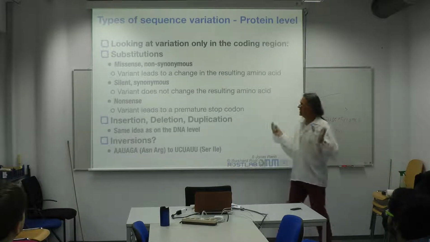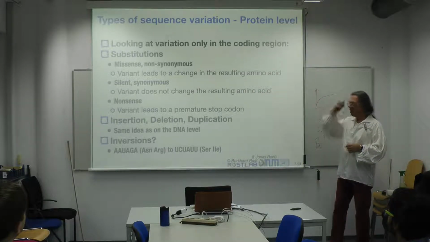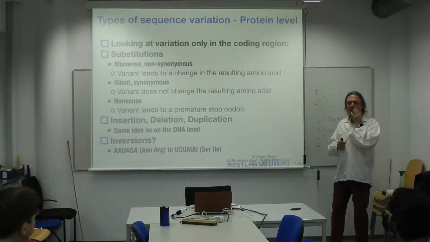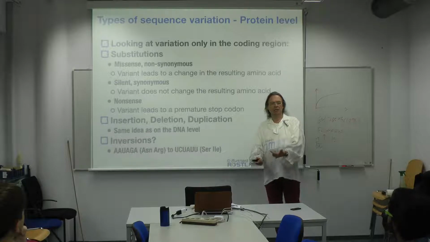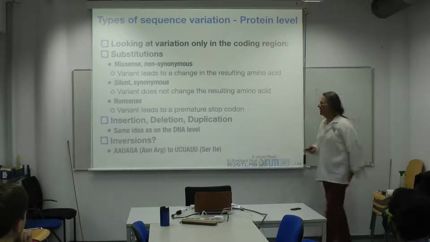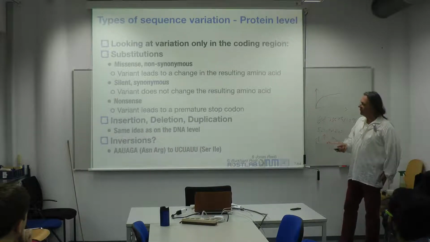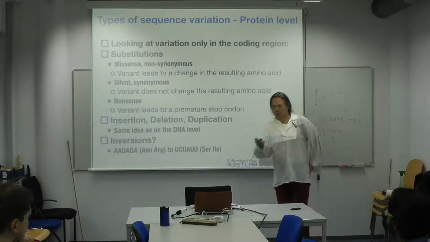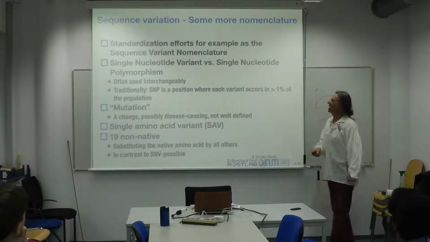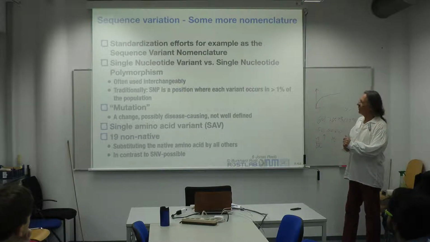In the other cases, it essentially doesn't. Just like on the level of the genome, insertions and deletions can be translated to the protein, so there again you will have insertions and deletions. And in fact, inversions can lead to different amino acid sequences, because the word the other way around means something else.